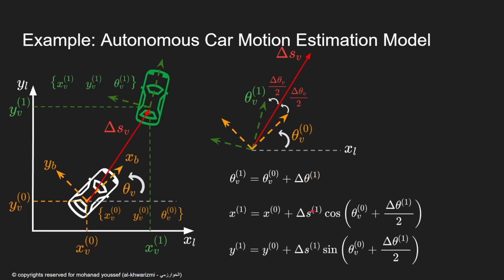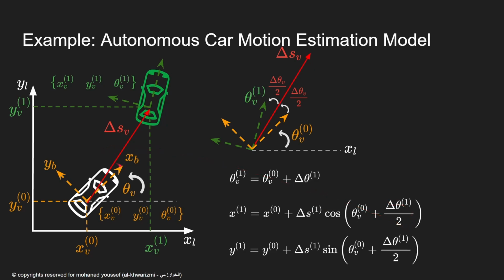And this can be modeled in this equation here. That's the initial x position, plus the delta s multiplied by cosine theta at the first position plus delta theta by 2.